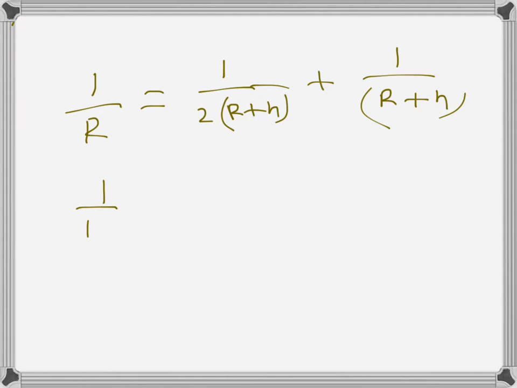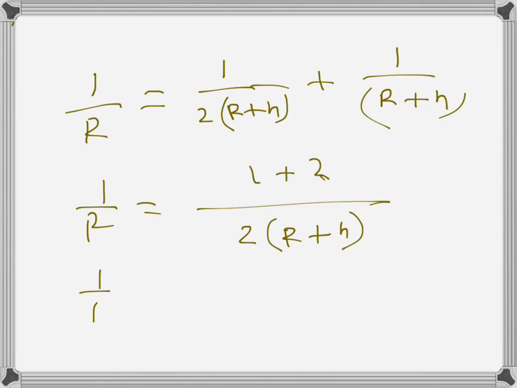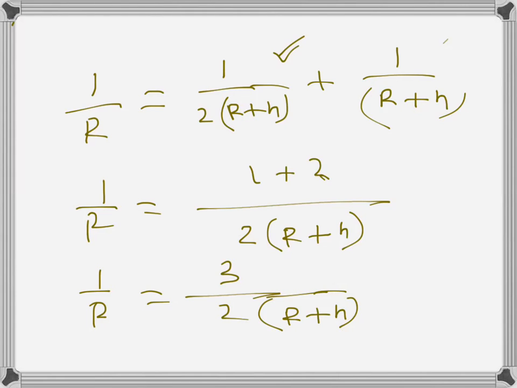Once we do the addition, it becomes half of 1 over R plus H, plus 1, which is 3 over 2, times 1 over R plus H. So 1 over R equals 3 over 2 times R plus H, which becomes 3R over 2R plus 2H.